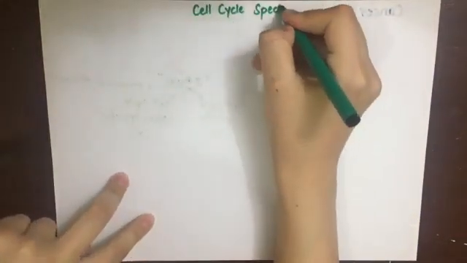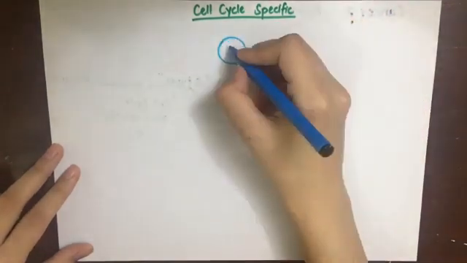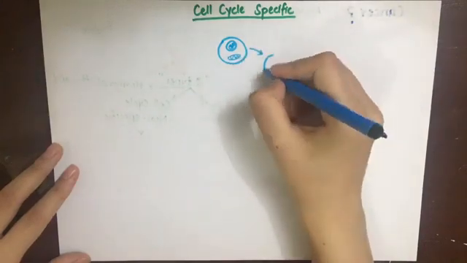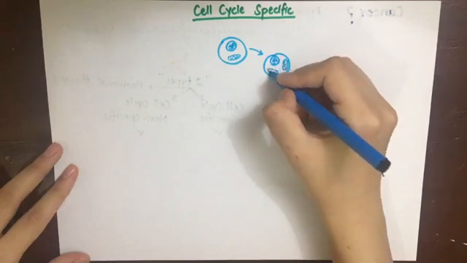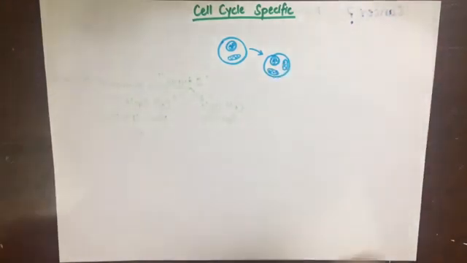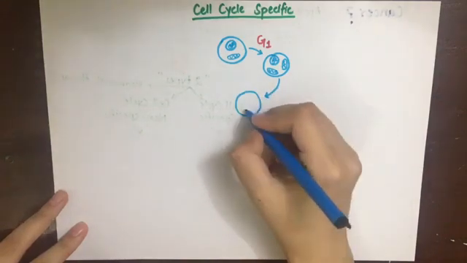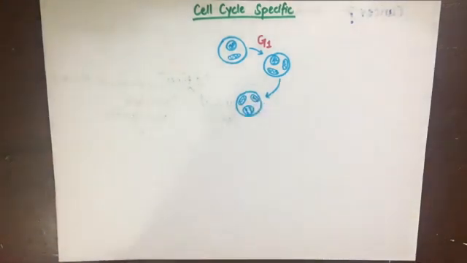To understand the cell cycle specific anti-cancer drugs, let's first quickly review the cell cycle, and then we'll list the drugs acting on different phases of the cell cycle and thus inhibiting cancer cell proliferation. A typical dividing cell first enters the G1 phase or the pre-synthetic phase from the G0 phase, which is the resting phase. In G1 phase, there is synthesis of enzymes and other cellular components that are needed for DNA synthesis. Then it enters the S phase or the synthetic phase, where DNA is replicated for the two dividing cells that will be produced.